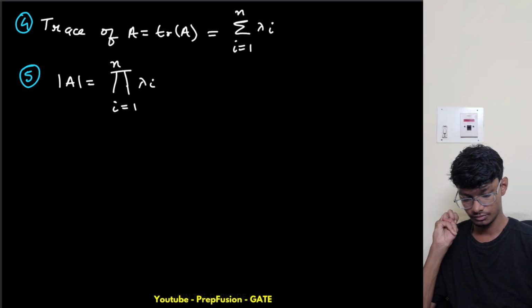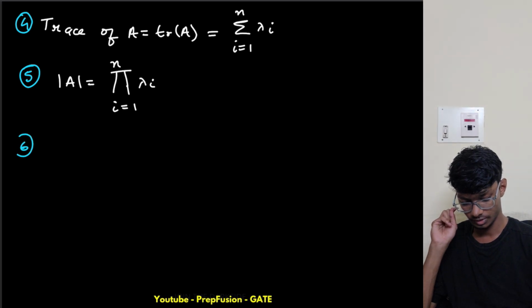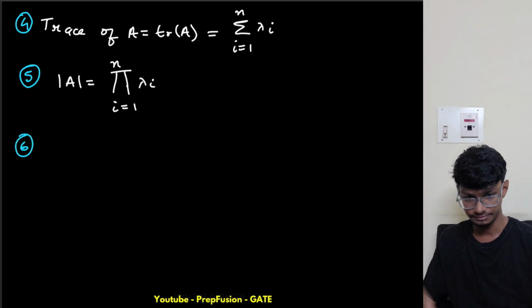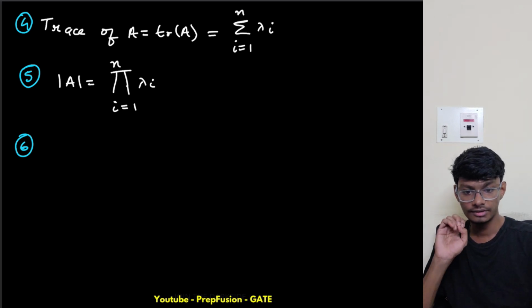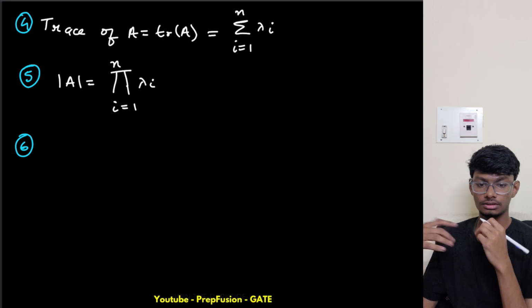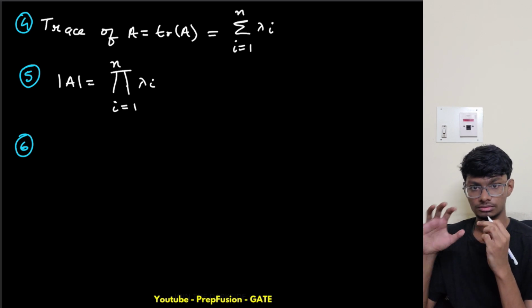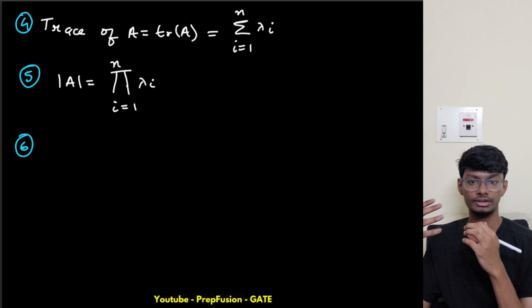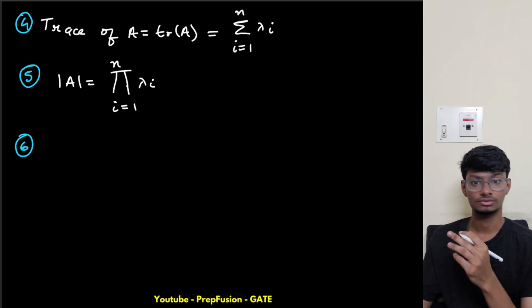Now what is the sixth property? The sixth property is: if one eigenvalue is 0, then the matrix will be singular. By singular, what do you mean? The determinant is 0, or the inverse also doesn't exist.